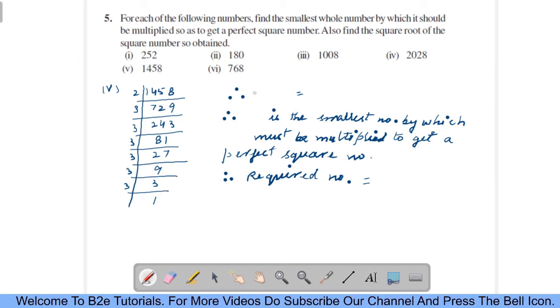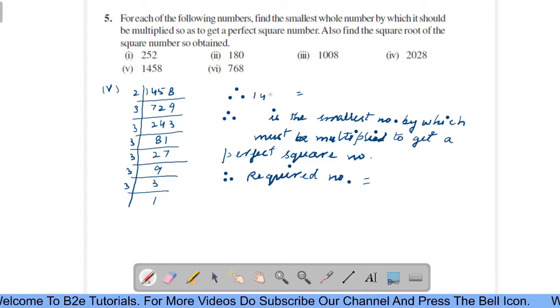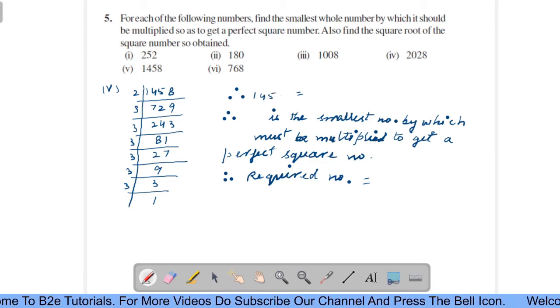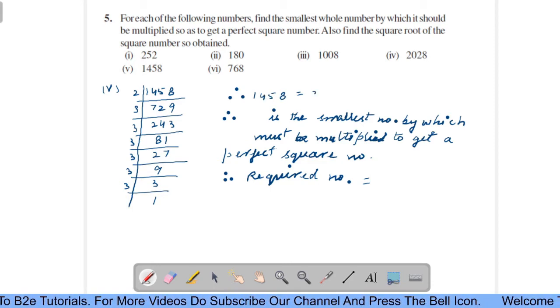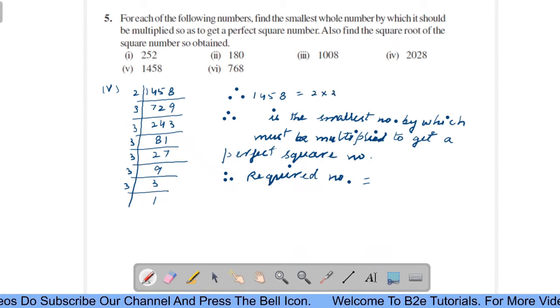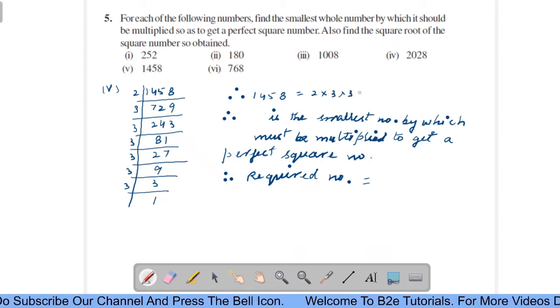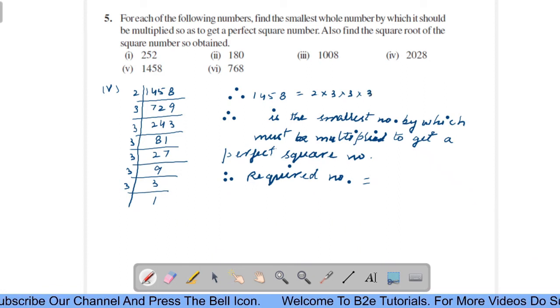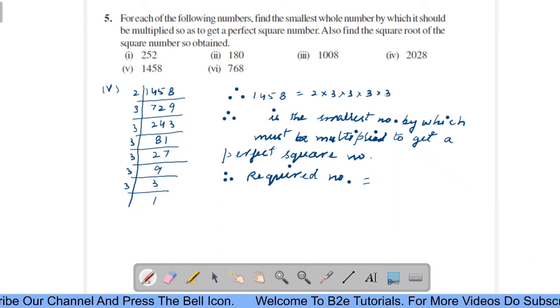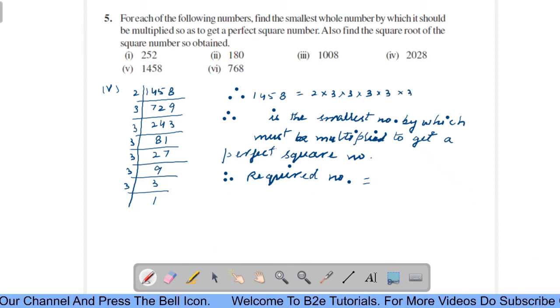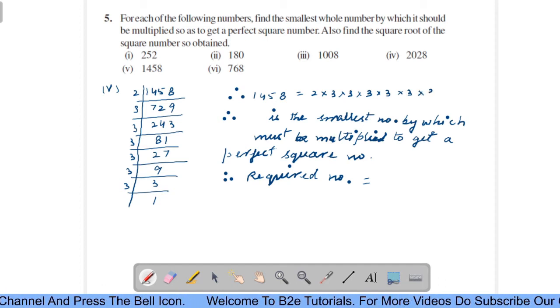Therefore, 1458 can be written as 2 into 3 into 3 into 3 into 3 into 3 into 3.